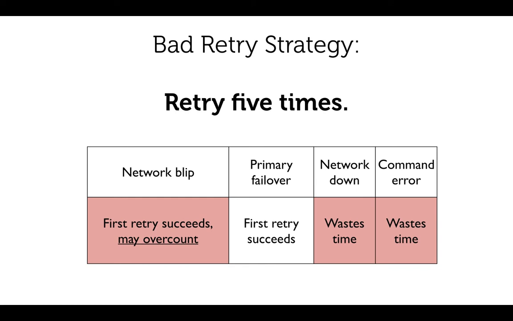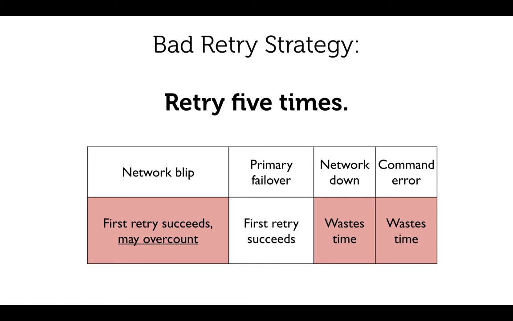In the case of a primary failover, this strategy actually works quite well because the former primary definitely rejects the update, and then the next time we retry it, we'll re-enter the driver code, which will block checking every server twice per second until the election completes, and then that operation will be sent to the new primary.